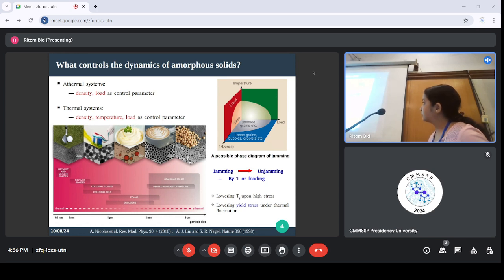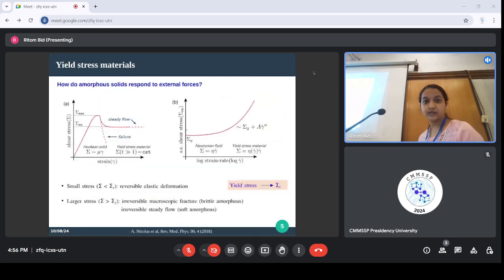If we are concerned about glassy or thermal systems, then this phase diagram also indicates that the glass transition temperature can be lowered by imposing some stress, and also the yield stress of the material can be lowered by inducing some thermal fluctuation. Now, this yield stress is another defining property of those amorphous materials.